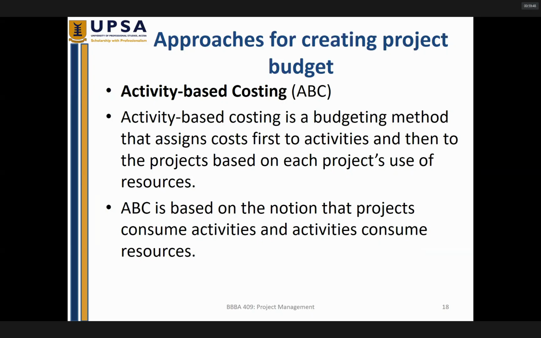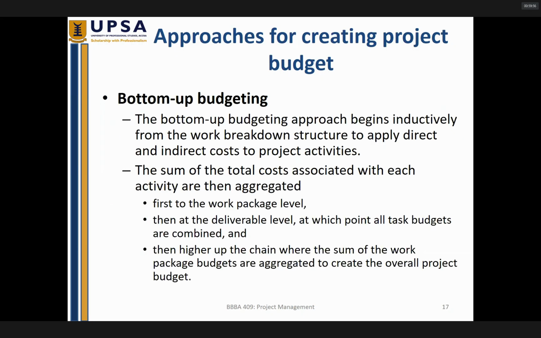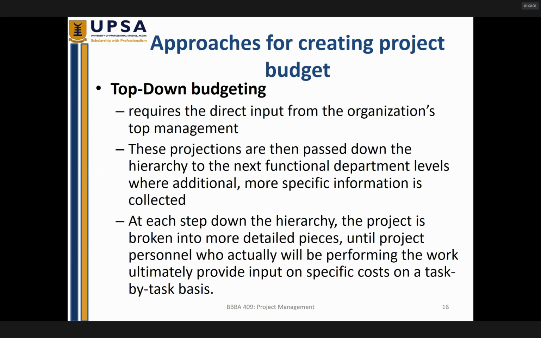Okay, so the other two, we have the top-down budgeting. The top-down budgeting approach simply means that the top-level management of the organization makes projections: we intend to spend this on this project, and this and this and this are the activities we're going to do.